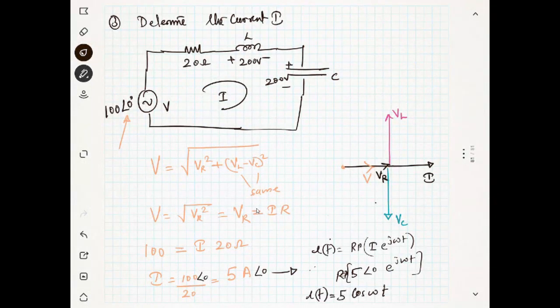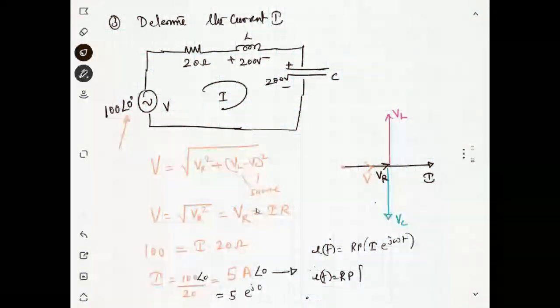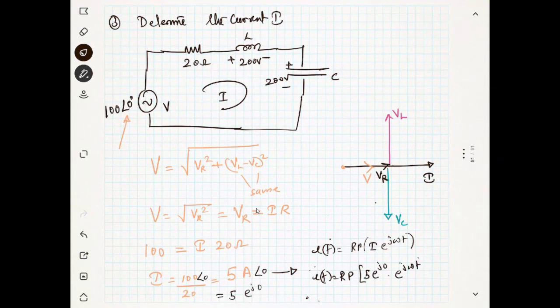Do I need to elaborate on this point? I can write this 5 angle 0 as 5 e power j 0. This is the exponential form. So i of t will be the real part of 5 e power j 0 into e power j omega t. e power j 0 is 1, so 5 into (cosine omega t plus j sine omega t).